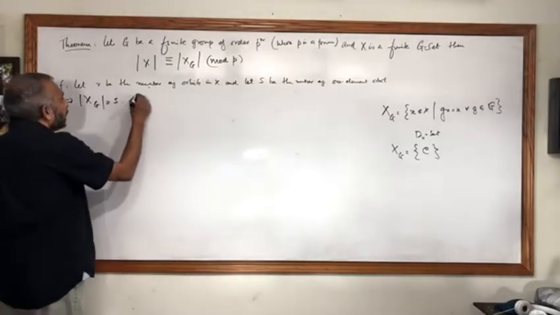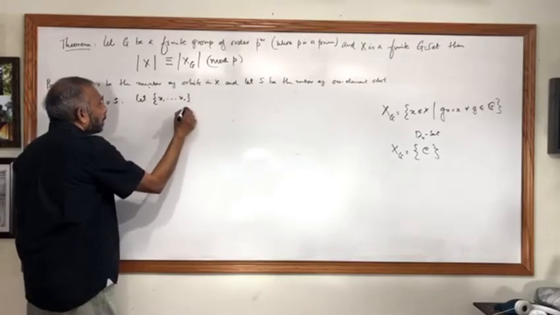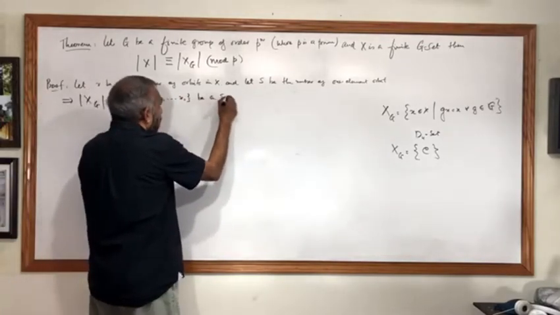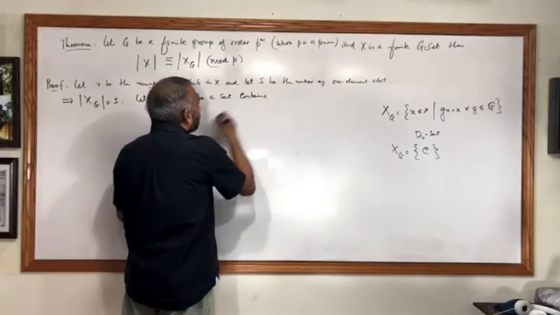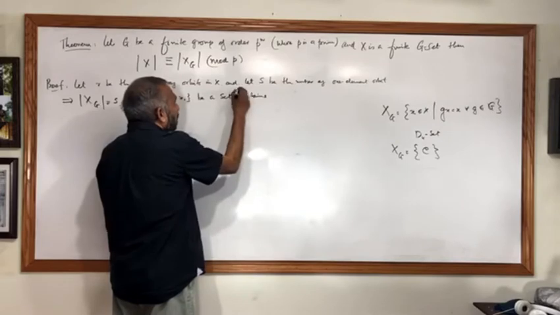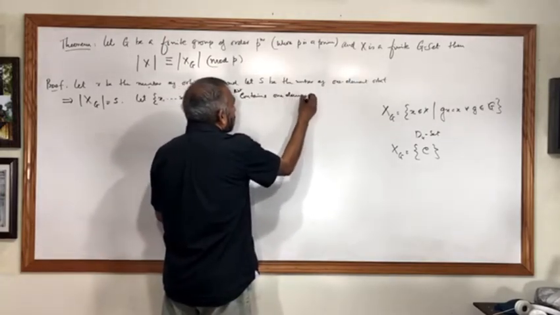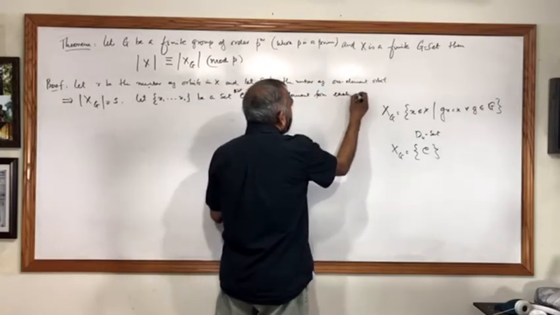Then let x1, ..., xr be a set that contains one element from each orbit.